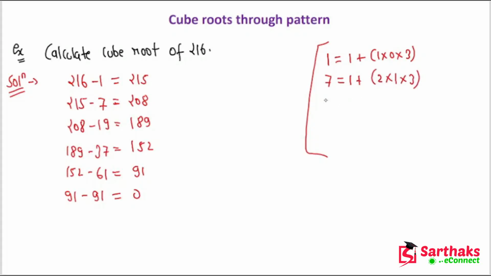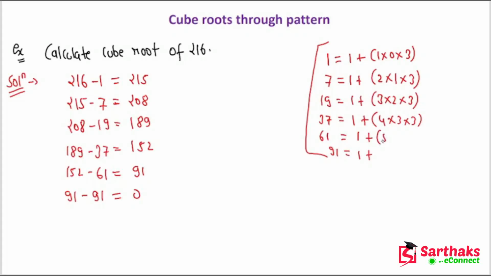Here 3 will be constant. Similarly, how did we get 19? 1 plus 3 into 2 into 3. Similarly, how did we get 37? 1 plus 4 into 3 into 3. Similarly, 61, and let us talk about 91.